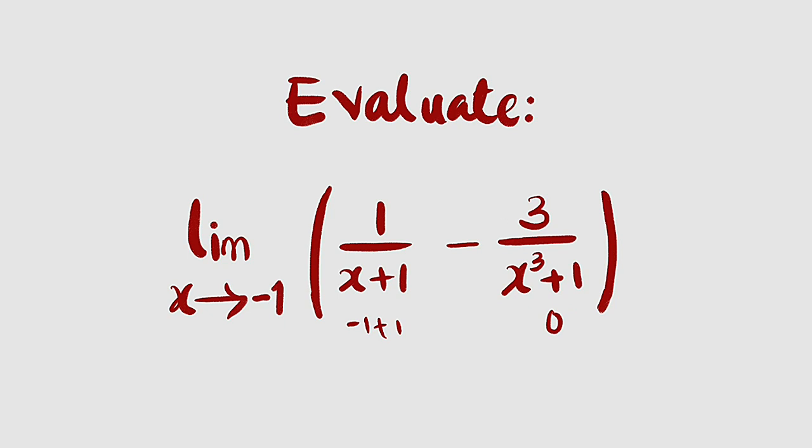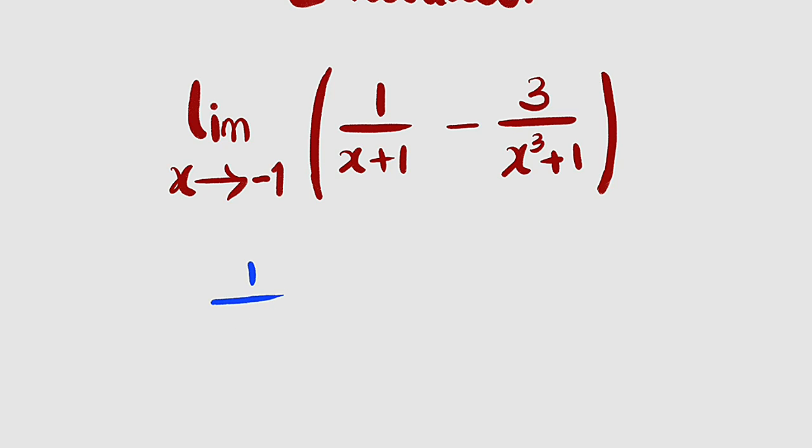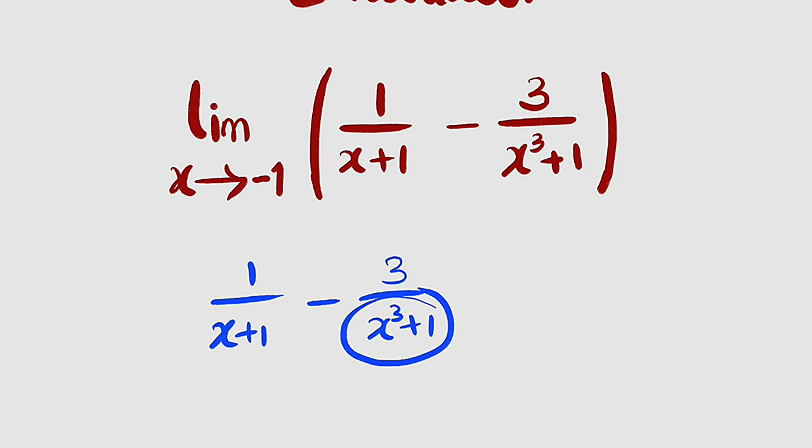First of all, let us simplify our expression. We have 1 divided by x plus 1 minus 3 divided by x cubed plus 1. And x cubed plus 1 is just the sum of two cubes, because 1 can be written as 1 to the power of 3, right?